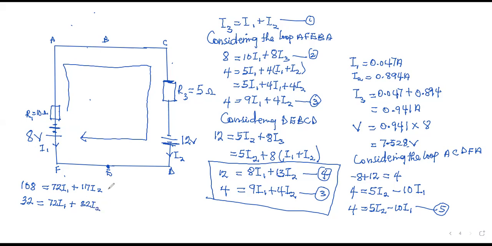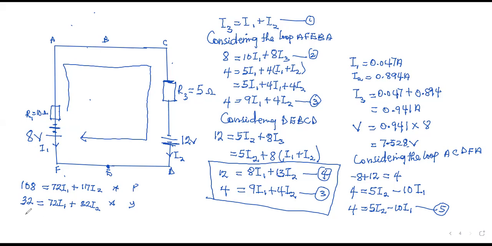So this is a new equation, let's subtract. Assuming this is equation P and then equation Y. Let's subtract equation Y from P. Okay, so 108 minus 32.